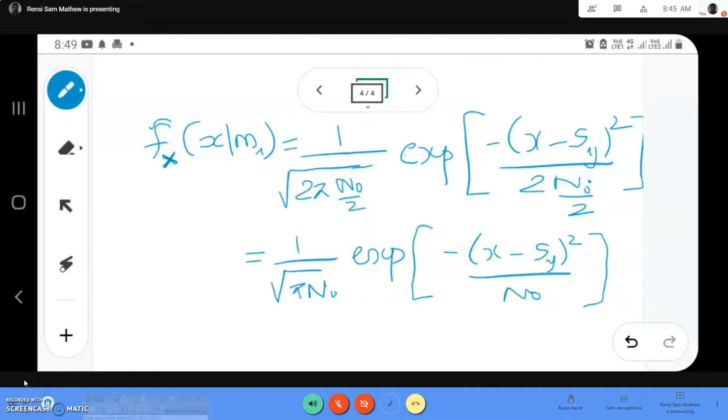We know that we have mi where i varies from 1 to m; there are m symbols.